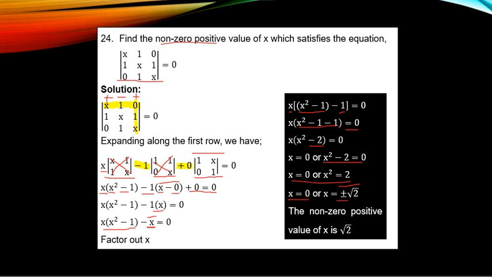Because we don't need minus root 2, we discard it and take the positive value of s, that is root 2. Out of the 3 answers, because of the given condition, non-zero positive value of s, we have root 2 as the answer that satisfies the condition and the equation generally. Okay?